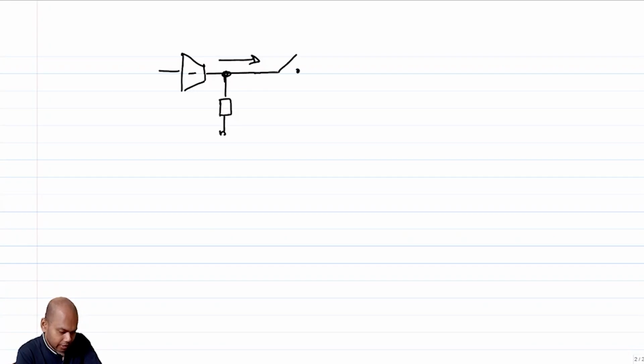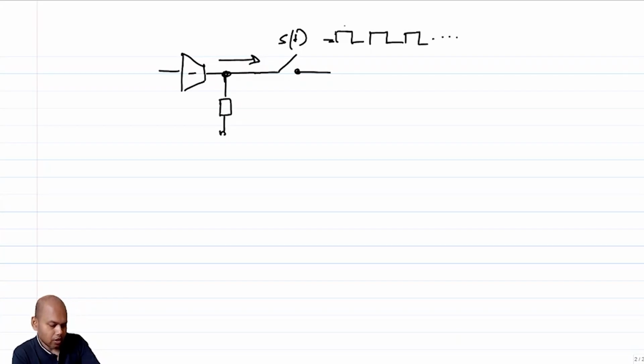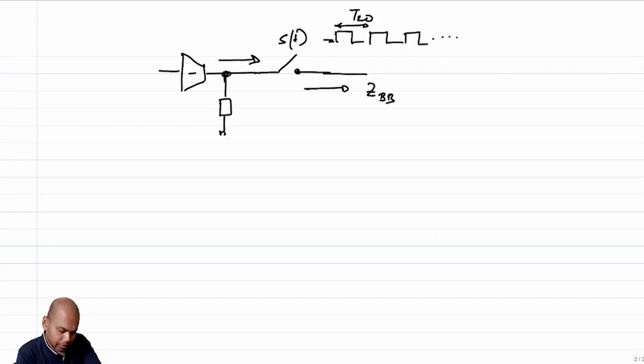If I, let's say, have a switch, and the switch is being driven by S(t), where S(t) is a square wave of time period T_LO, then clearly the current that is going out here, and assuming this is a short circuit current, let me call it Z_BB, because this is the baseband side.